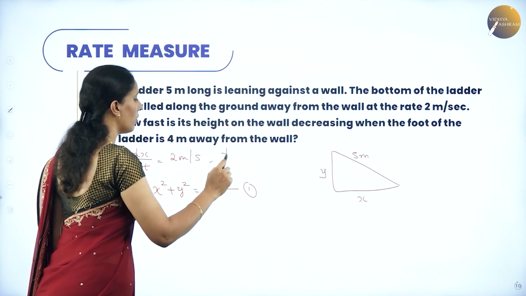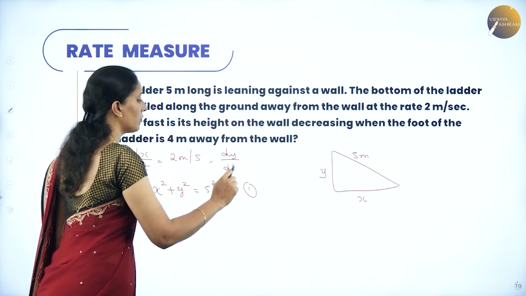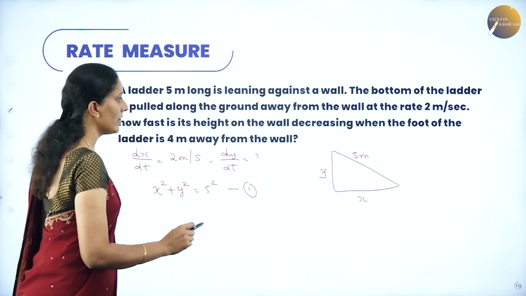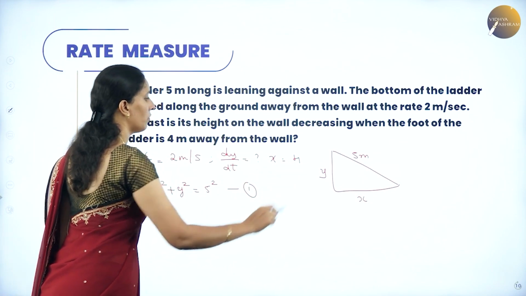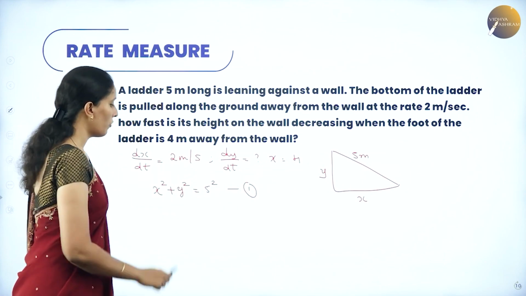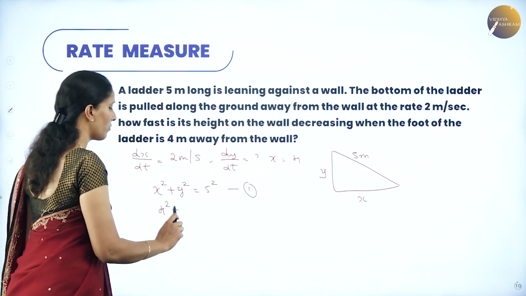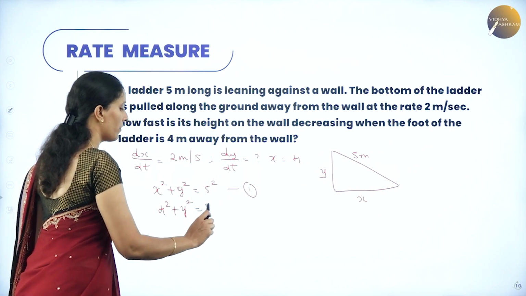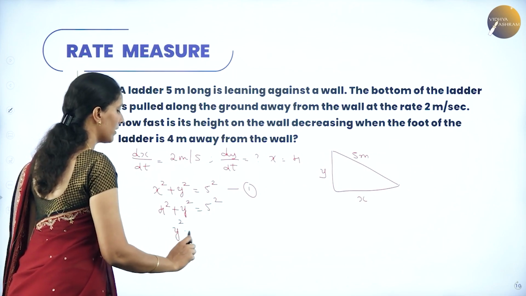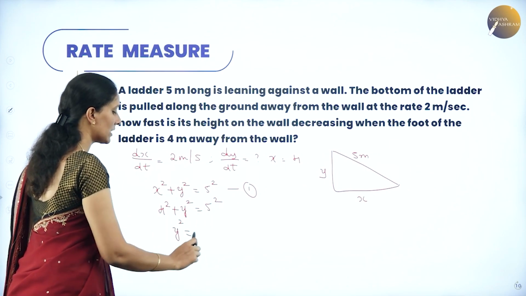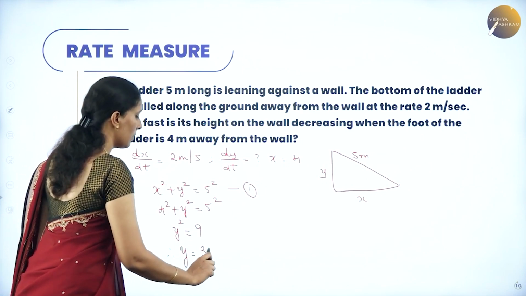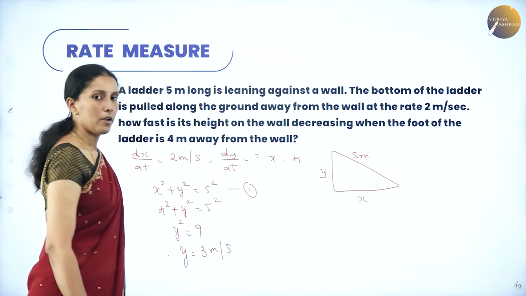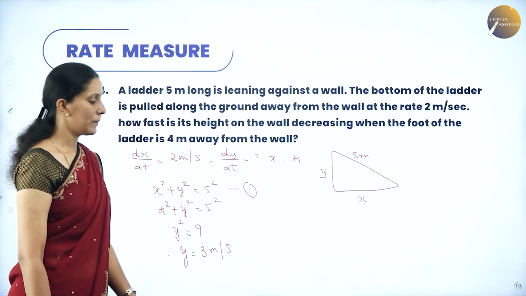And we need to find the height of the wall decreasing when x is equal to 4 meter. Substituting x is 4, 4 square plus y square is equal to 5 square. We get y square is equal to 25 minus 16, 9. So y is equal to 3 meter.